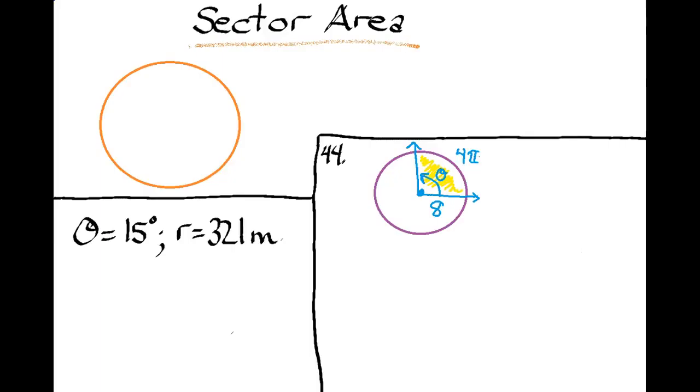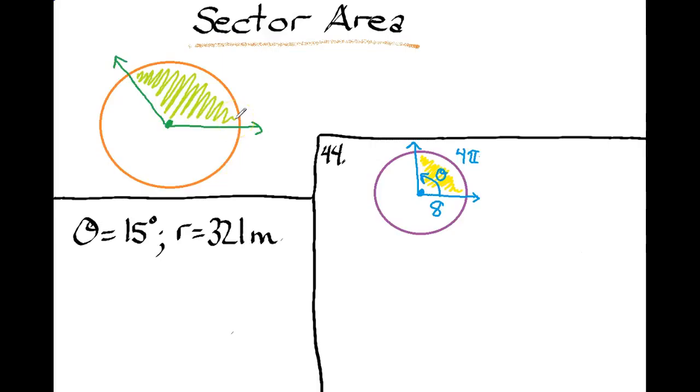So when we're taking a look at a circle, if we only want part of a circle, let's say we want the area of this part of a circle. So we're going to create an angle in our circle, and we only want the area of this part of the circle and not the entire circle.